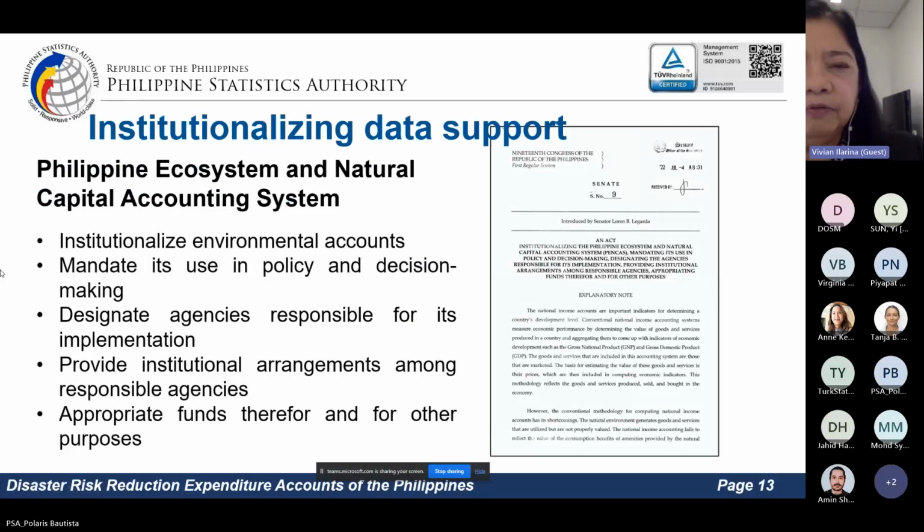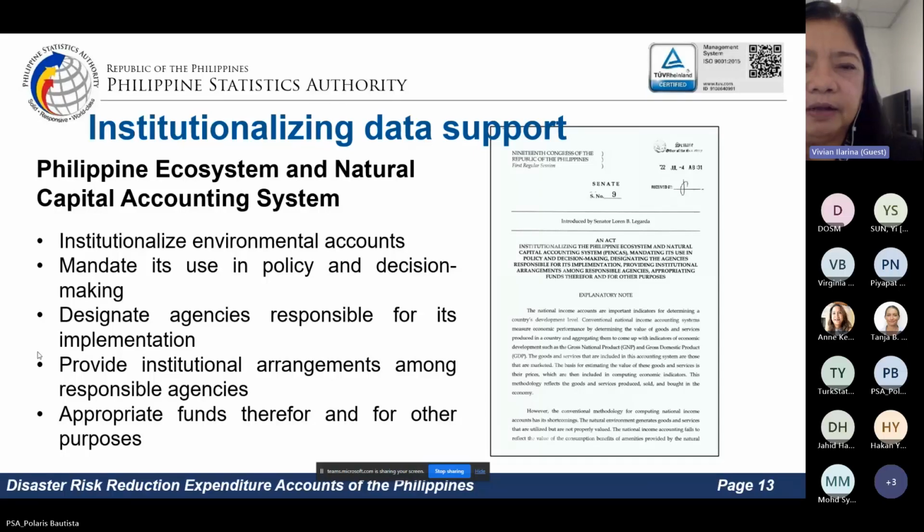Now, I would like to inform the members of the technical working group that in the Philippines right now, we have a pending bill in the Senate that will institutionalize the Philippine ecosystem and natural capital accounting system. Among those included here are the environmental accounts, the ecosystem accounts, the risk reduction expenditure accounts, climate change, emission accounts, and so on.